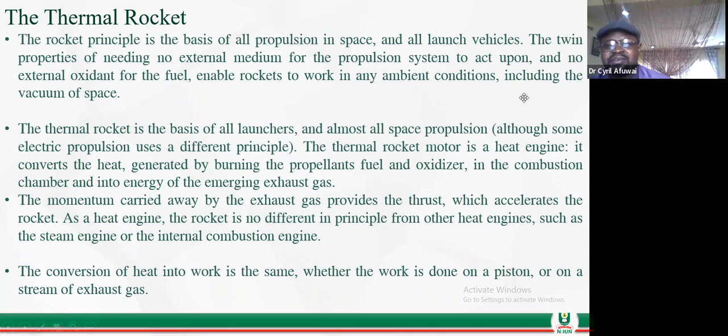The twin properties of needing no external medium for the propulsion system to act upon and no external oxidant for the fuel enable rockets to work in any ambient conditions, including the vacuum of space. So rockets can actually work in any ambient condition, including the vacuum of space.